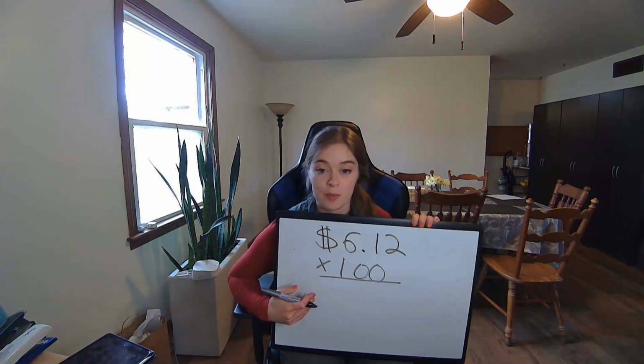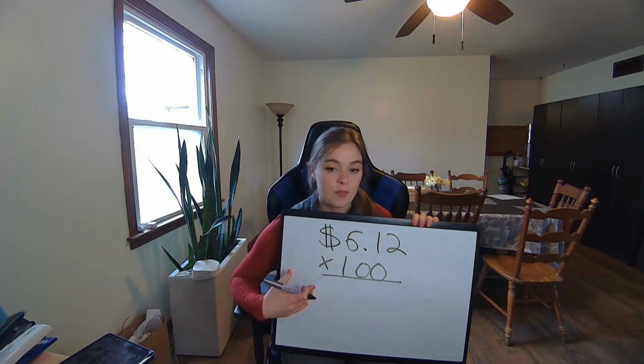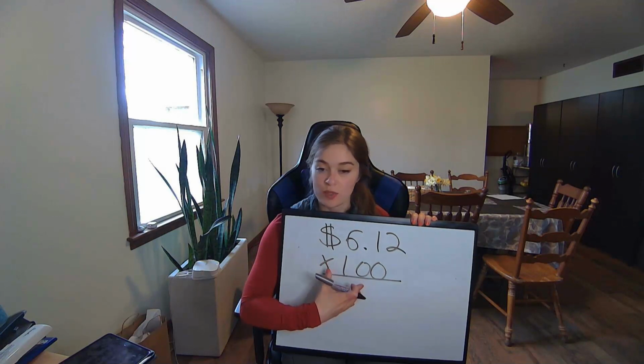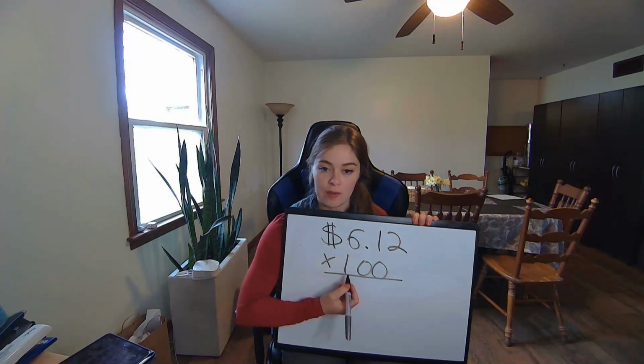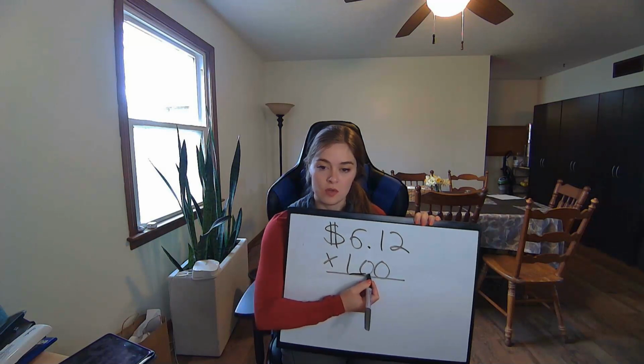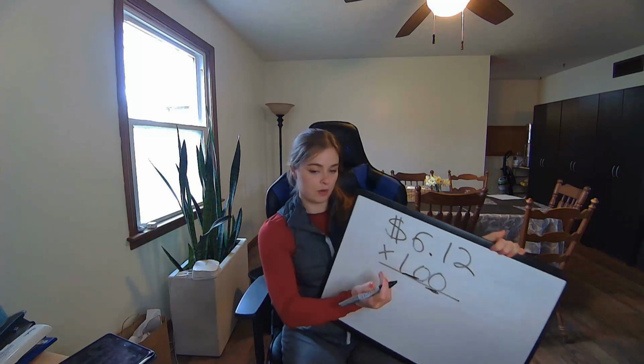Okay? We're going to try another problem here in just a second. Okay, we're trying another money problem here. The cool thing about these is sometimes you can do these types of problems in your head because multiples of 10 are really easy to work with, because we know we're going to be adding on 2 zeros to this number. So let's go ahead and do that.